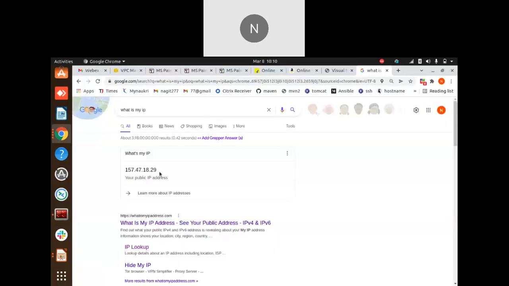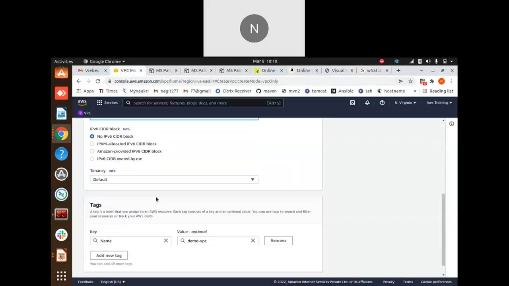That's a better thing, so that's the reason. I will explain what is IPv4 and IPv6 going forward when we go to the servers. This is a basic thing.